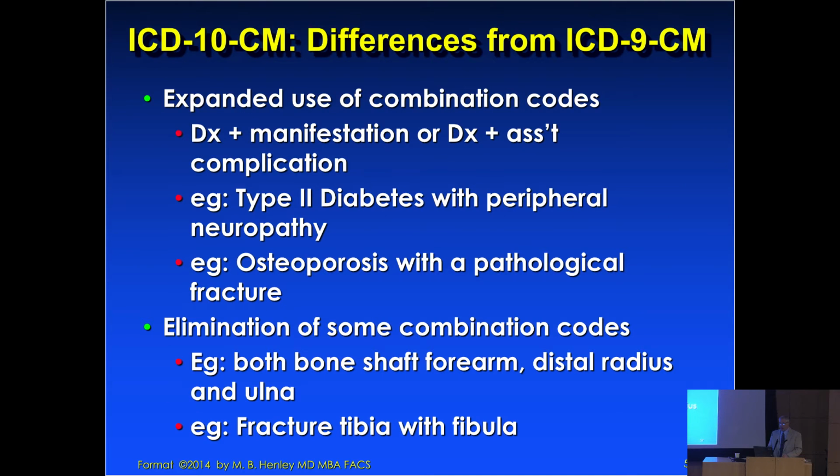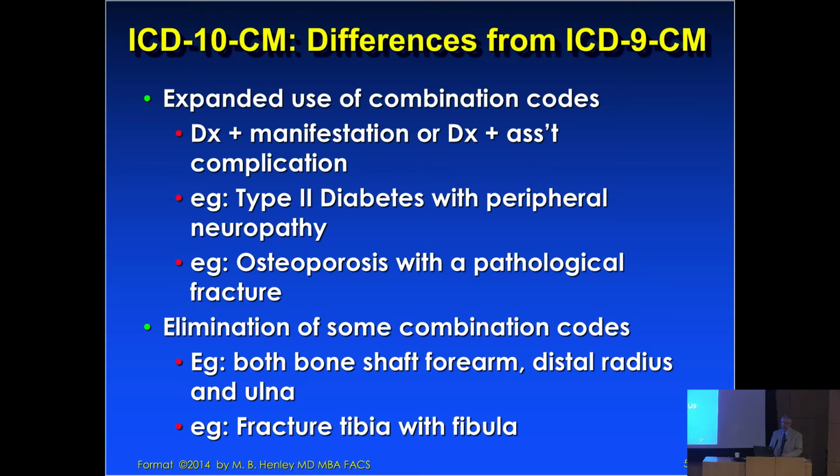Another difference is the expanded use of combination codes. Combination codes are of two types: a diagnosis plus a manifestation of that disease, or a diagnosis plus an associated complication. So in diabetes, you might have type 2 diabetes with peripheral neuropathy, meaning a diagnosis plus a manifestation, or osteoporosis with a pathologic fracture. There's also been some elimination of combination codes.